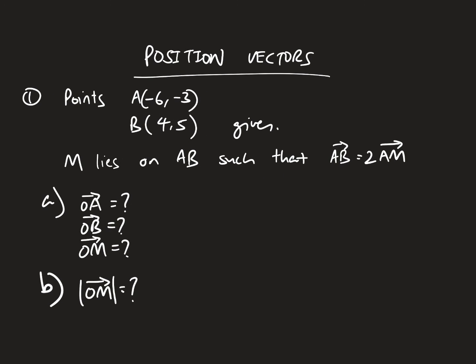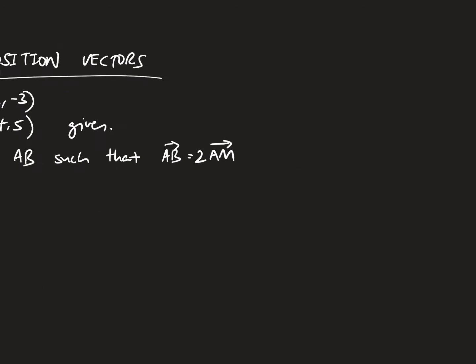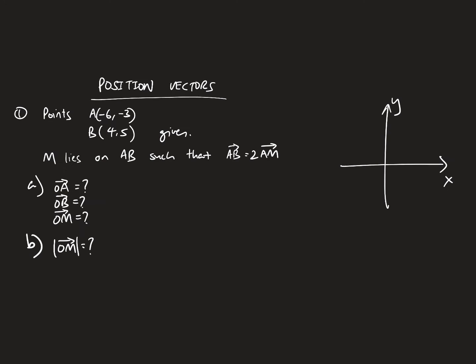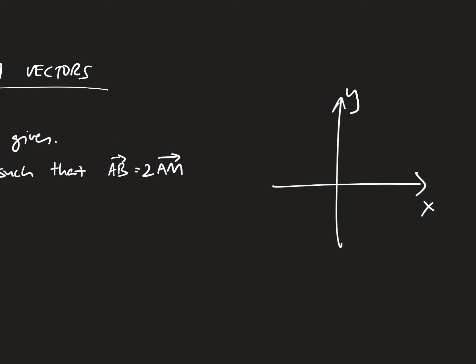Okay, we have these 2 points, and if you're like me, I want to visualize it first. So I will just scribble a little bit at the side and try to visualize. Point A is -6, -3, so it's going to be somewhere here.